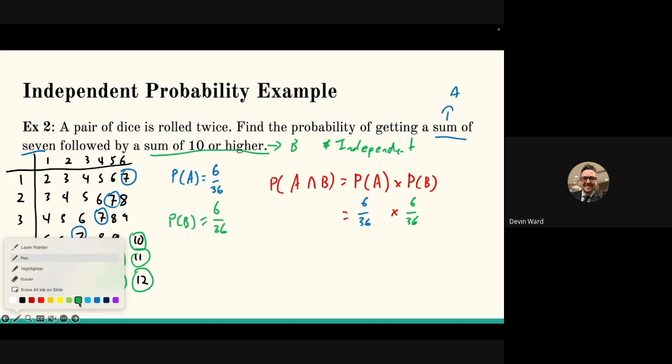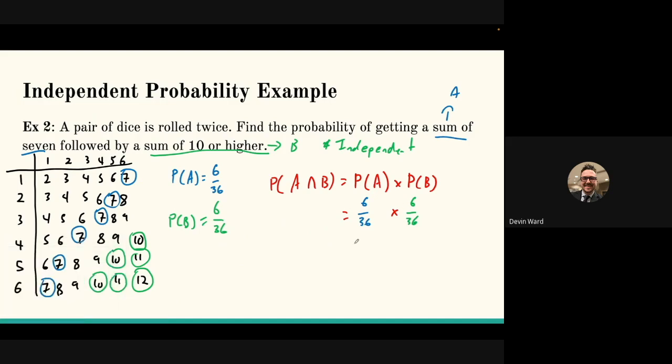Okay. And what actually might be easier for this one, since we're multiplying, I'm just going to reduce them down to the lowest terms. It's 1 over 6 times 1 over 6, which is 1 over 36. Okay. So the probability that I get a sum of 7 followed by a sum of 10 or greater is 1 in 36 chance.